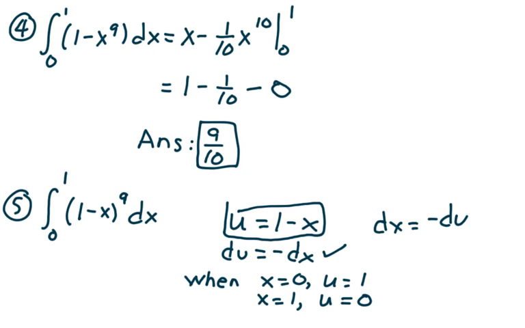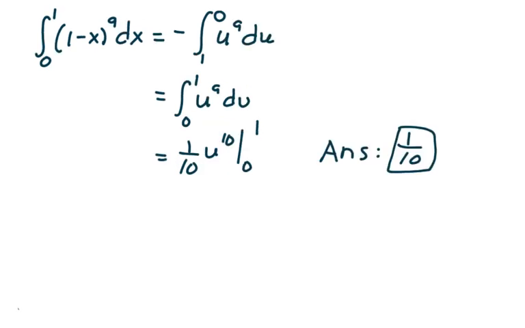Well, we're in business. So the integral from 0 to 1 of (1 minus x) to the 9th dx is negative the integral from 1 to 0 of u to the 9th du. But if I switch the limits, I change the sign of the integral.